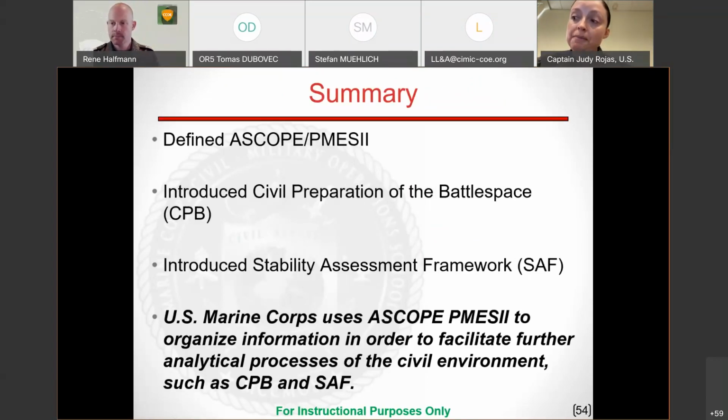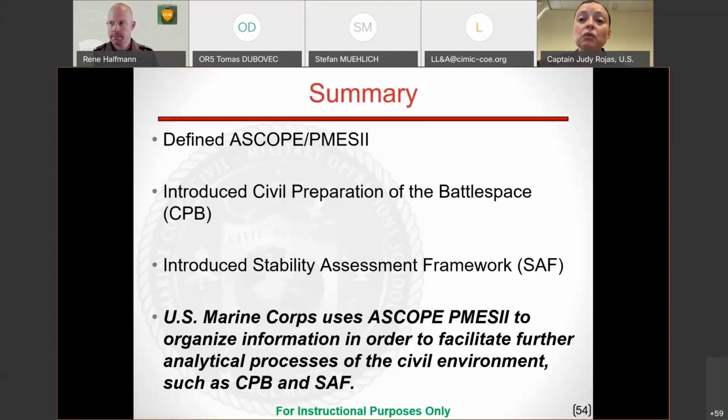All right, so that is a very quick discussion of an analytical process that uses ASCOPE PMESII, because as we started off earlier today, we showed that the Marine Corps uses ASCOPE PMESII to collect information, to bin it as we start looking at the civil environment.